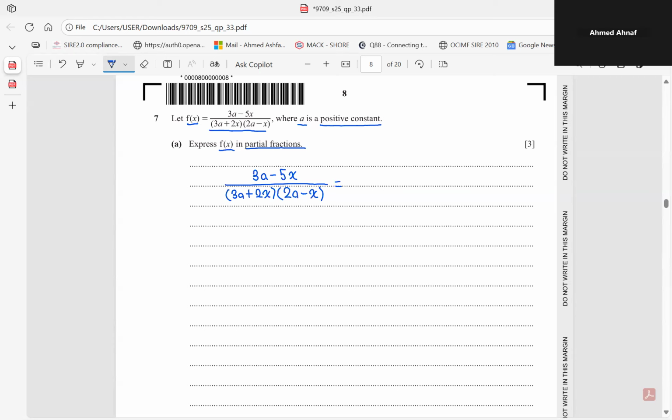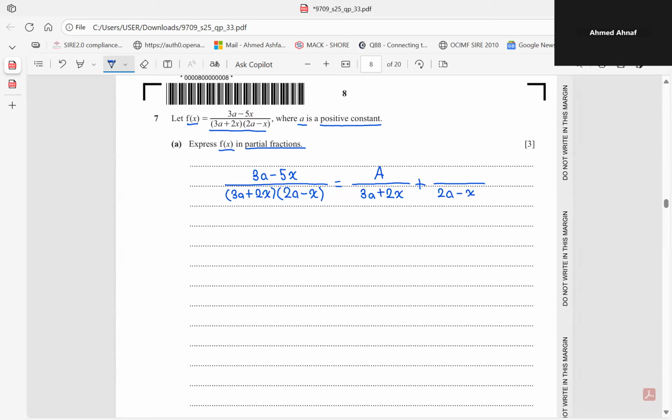And let's split the denominator up. So one of the terms in the denominator is going to be 3a plus 2x. And for the numerator, since the denominator is a linear term, the numerator would be a constant term. So we'll let it be A, and then now write down the second term in the denominator.